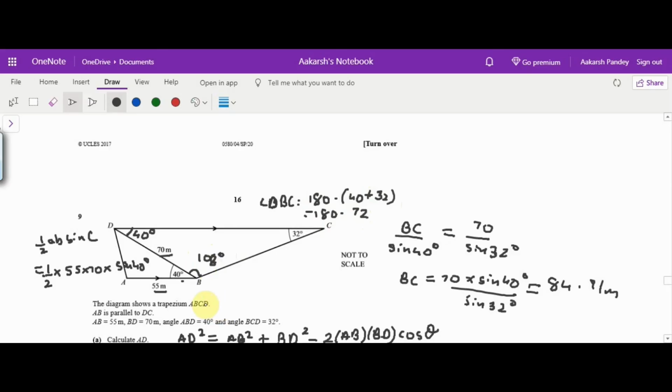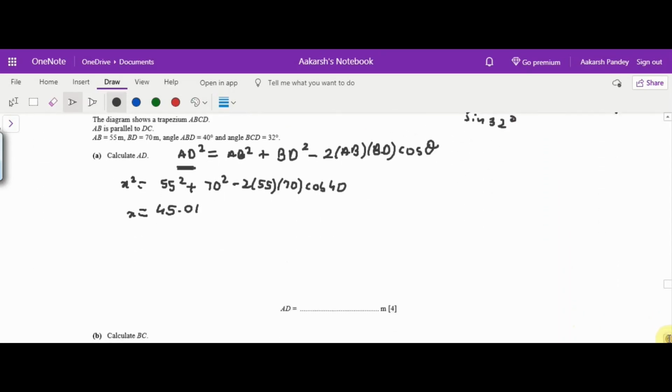So again using the same formula, half times the side we just calculated, BC, times sine of 108 degrees. Now add these both terms and you will get the area.